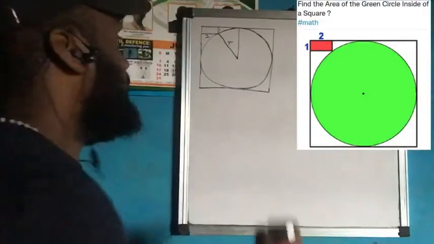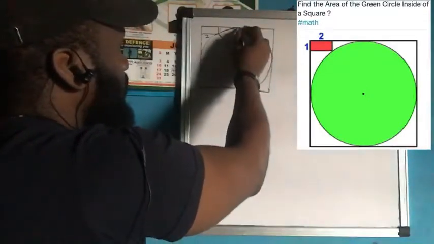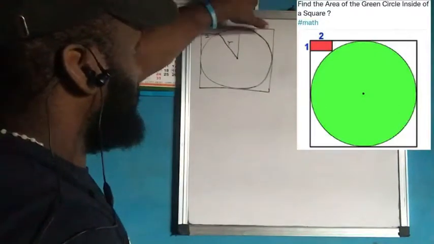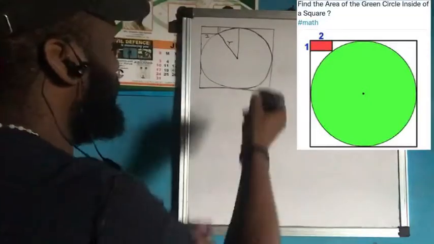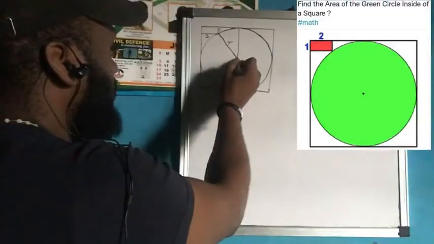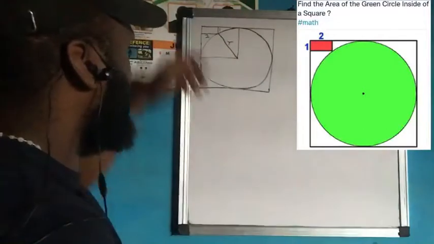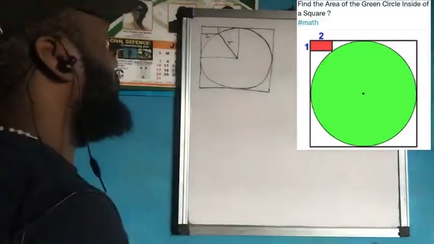So it's a square. So we're drawing one radius to the point of tangency between the circle and this side of the square, and another radius from the center to the point of tangency between the circle and this side of the square.